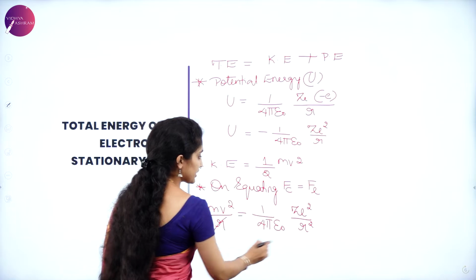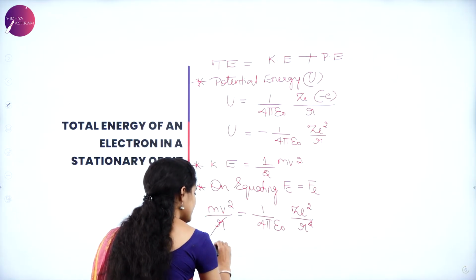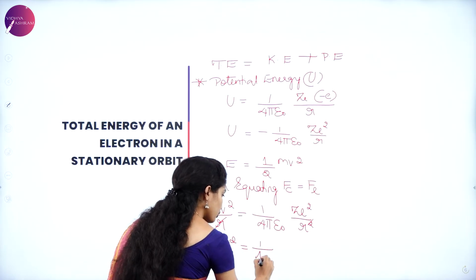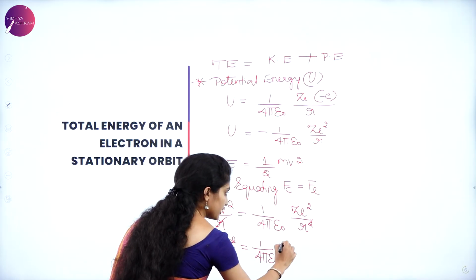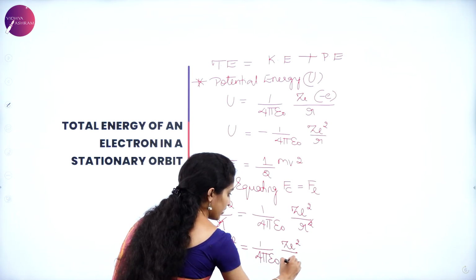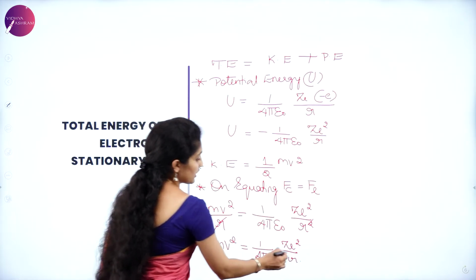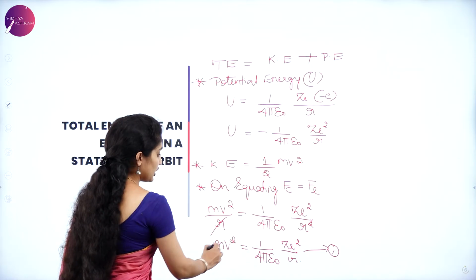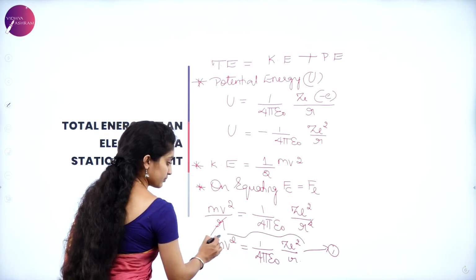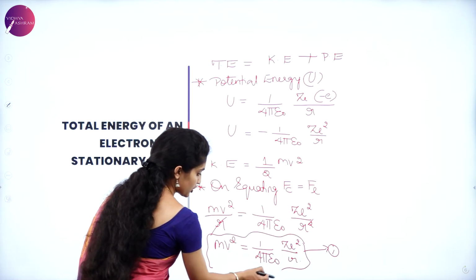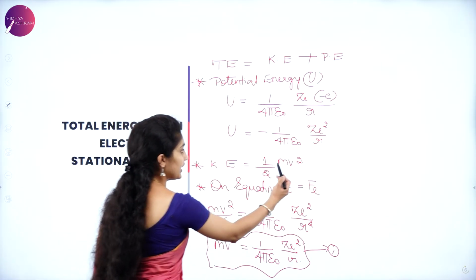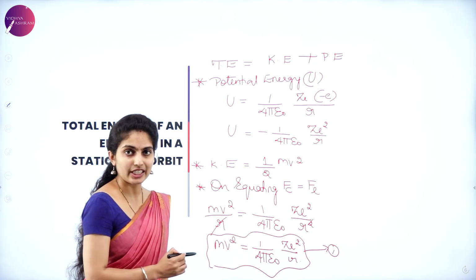So R gets cancelled with R. What remains is mv square is equal to 1 by 4 pi epsilon naught Ze square divided by R. Consider it as equation 1. Substitute this equation 1, that is mv square, in the kinetic energy equation.